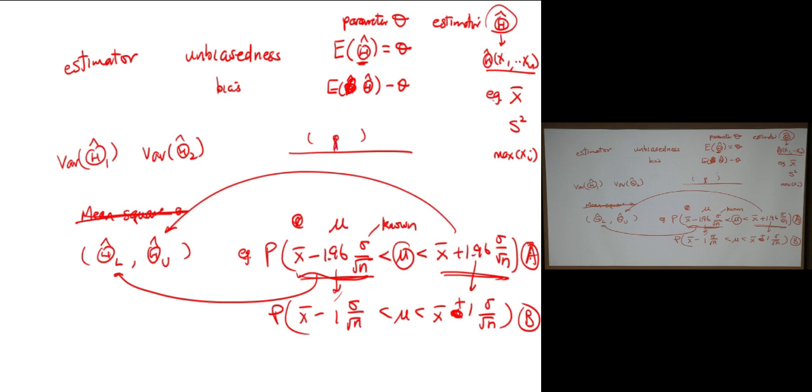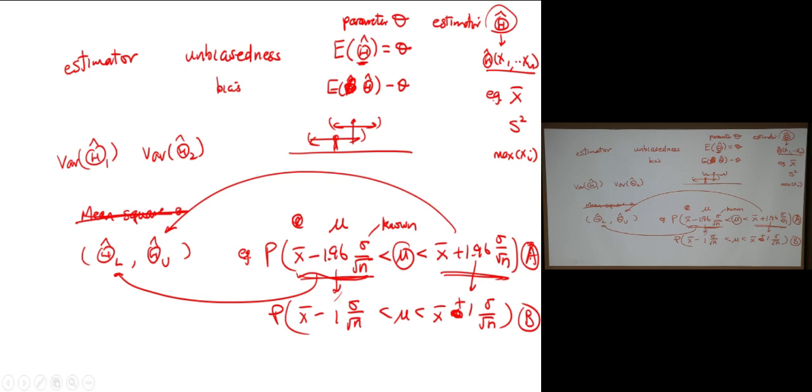But the width here is the same as the width there, because both have the same width, which is 2 times 1.96 times sigma over root n, while this width is shorter. A wider interval should have a higher chance to cover the unknown parameter mu, so interval A should have a bigger probability.